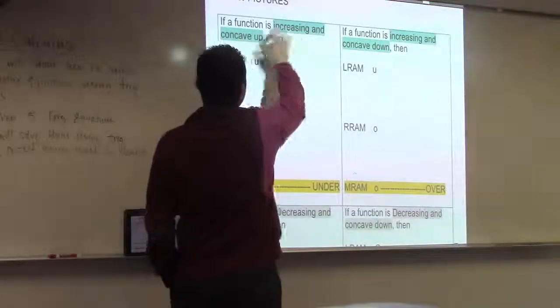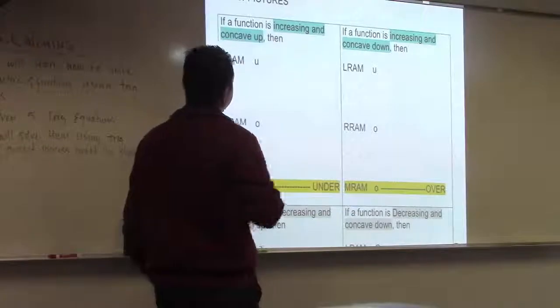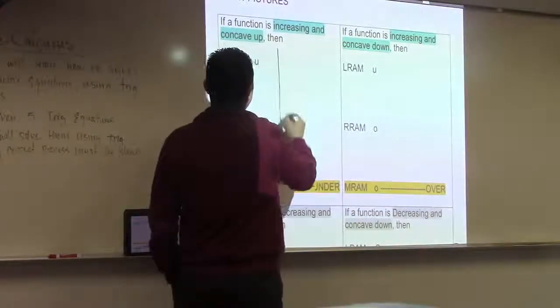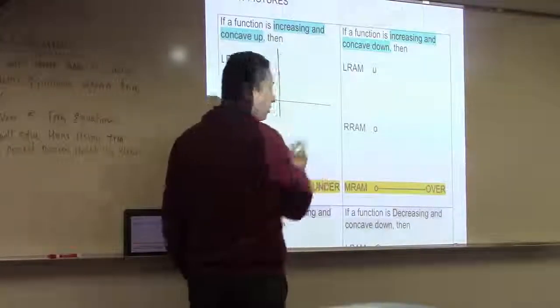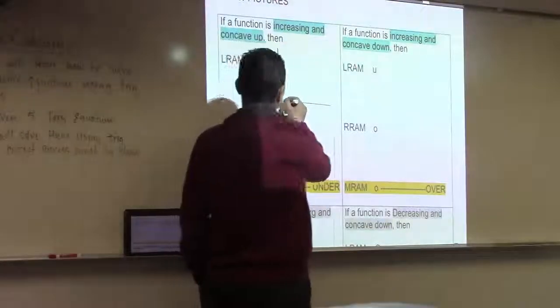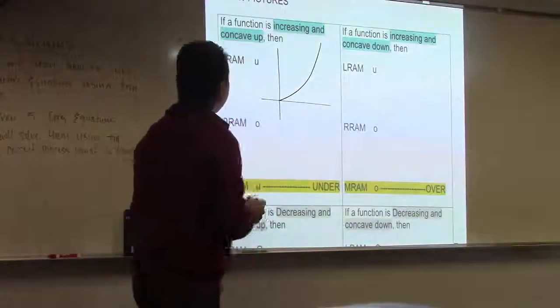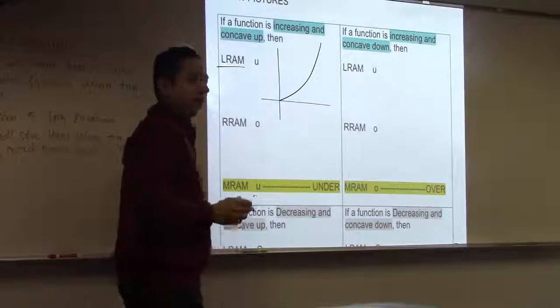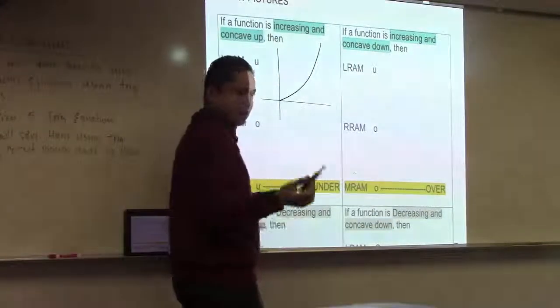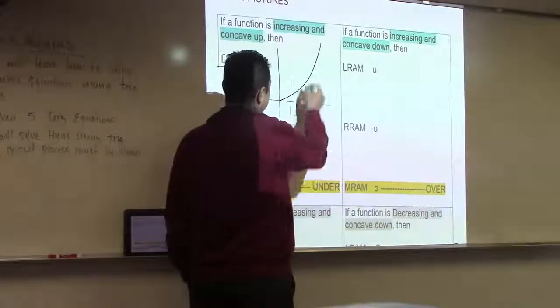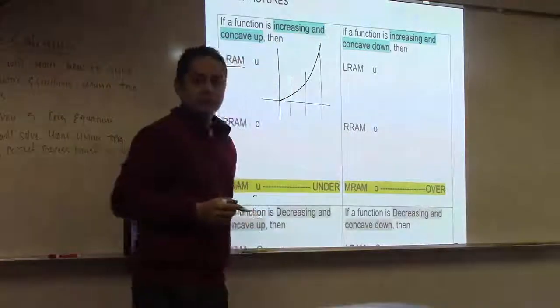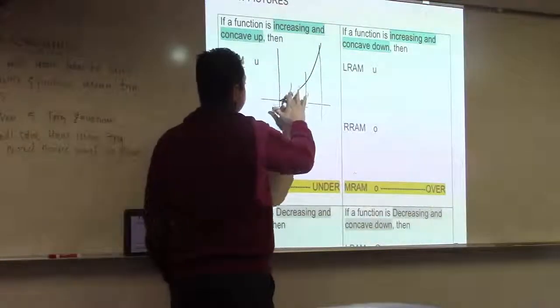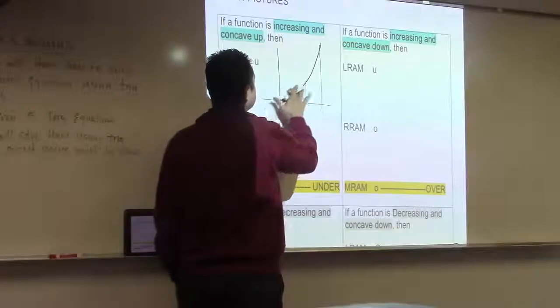So right here you have an increasing and concave up, and I'm only going to work on the first quadrant. So there you have it. And they want me to use a Lram, right? So I'm going to cut this. Look, I'm just sketching here, right? Boom, boom, boom. I do not need those lines to go past. Okay.